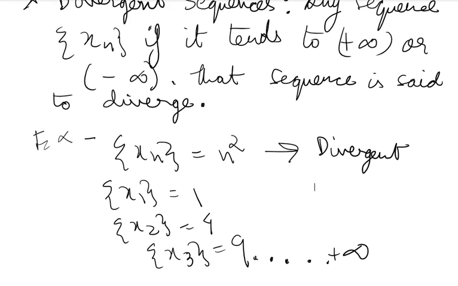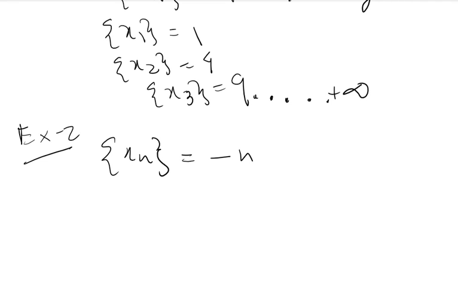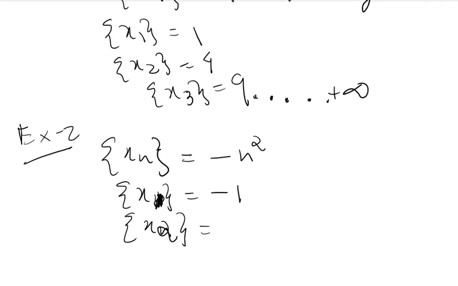Let me give you another example on a divergent sequence. Say example number 2. Say x of n is equal to minus n square. Now when you start putting values, you're going to get x1 equal to minus 1, then x2, you're going to get minus 4, then x3, you're going to get minus 9, and so on.